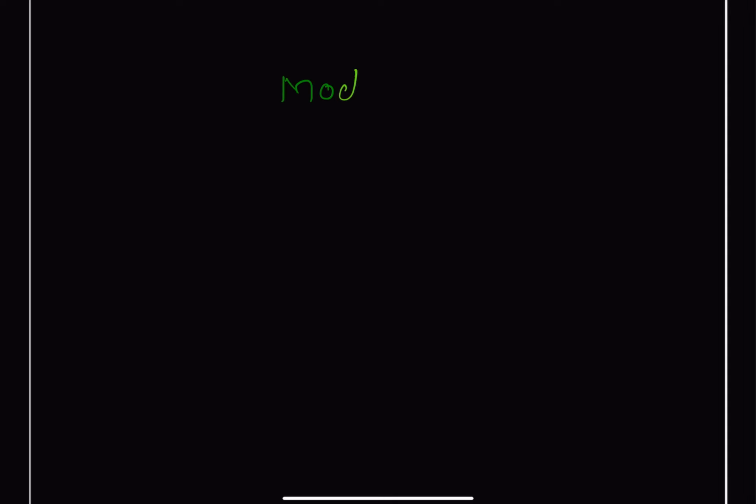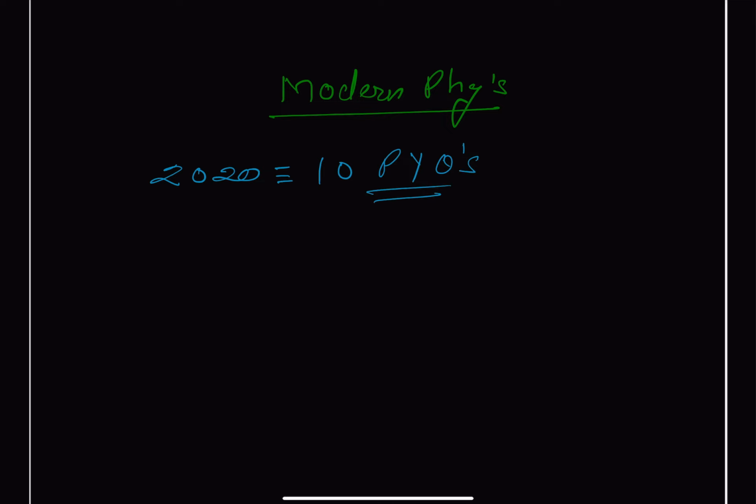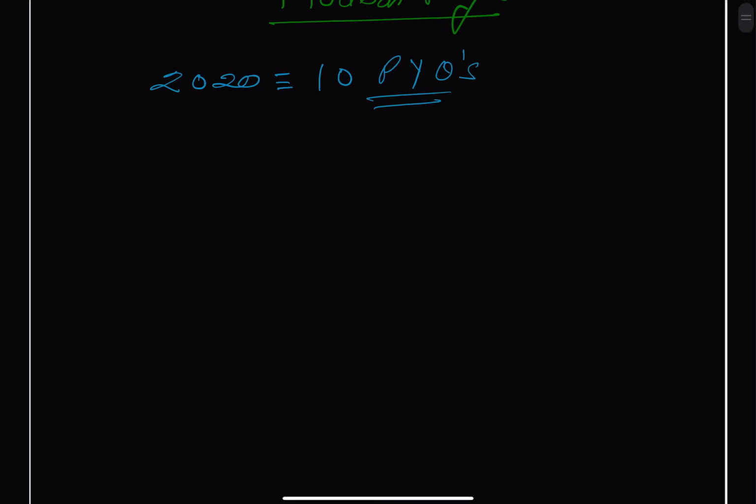Today we are going to solve questions from modern physics, and these questions are from the year 2022. In total, 10 questions we are going to solve, and all of them are from the mains.